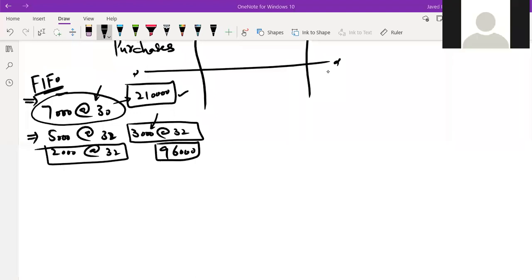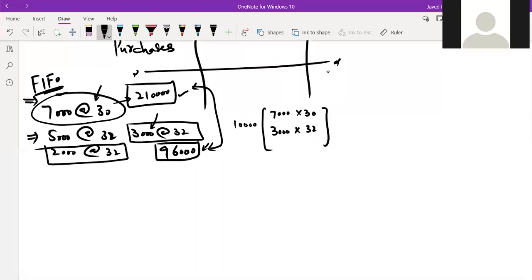So the next 3,000 units are costing you 96,000. So we are adding these two. Since these two constitute 10,000 units, the breakup is 7,000 which costed 30 and 3,000 which costed 32.